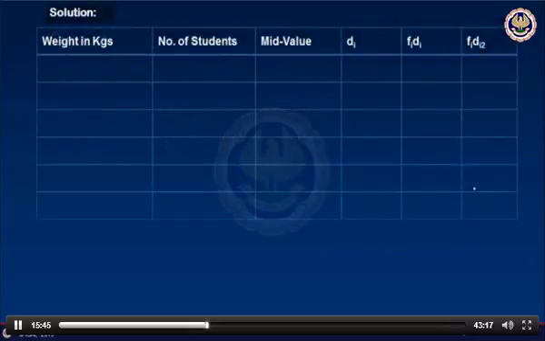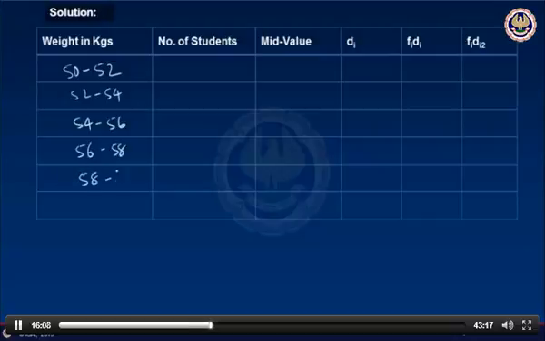Now, in this data, weights in kgs are given. Let's look at the data. Once again, I am writing here 50 to 52, 52 to 54, 54 to 56, 56 to 58, 58 to 60, and in this column we are going to compute the totals.